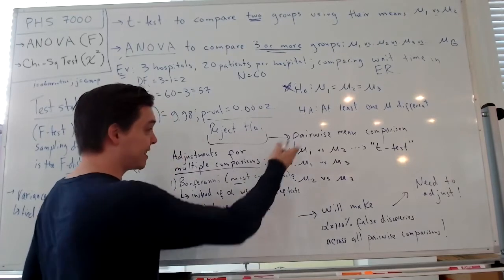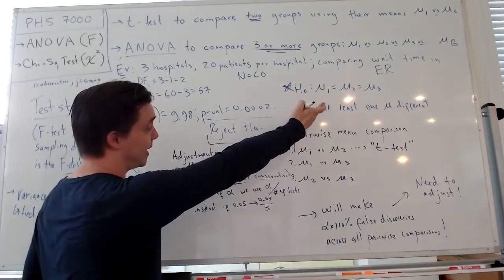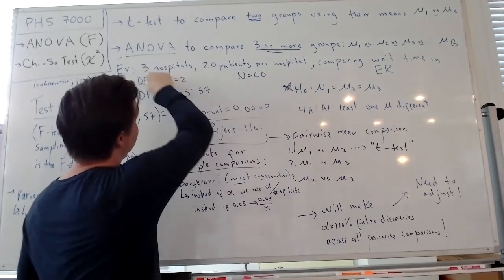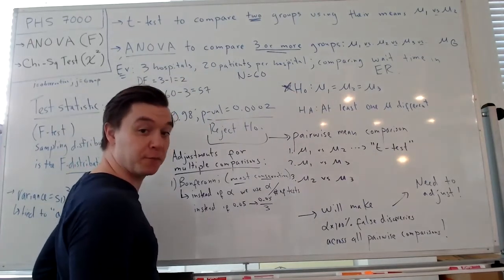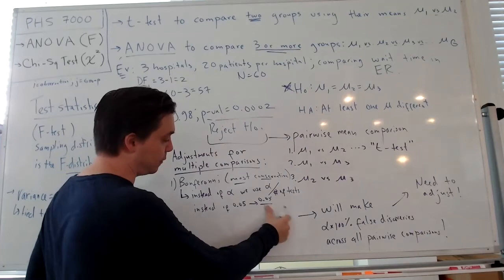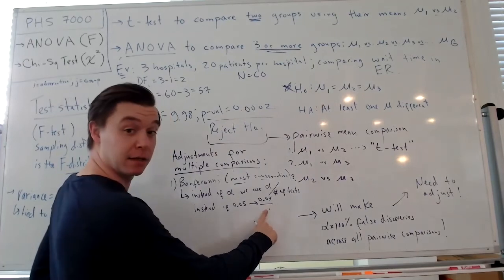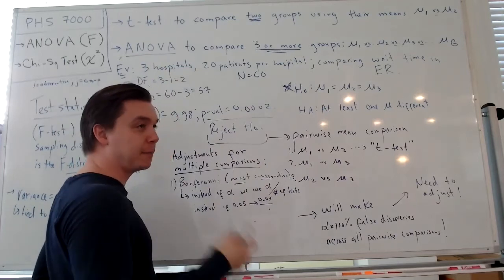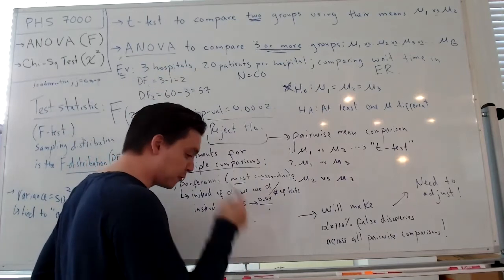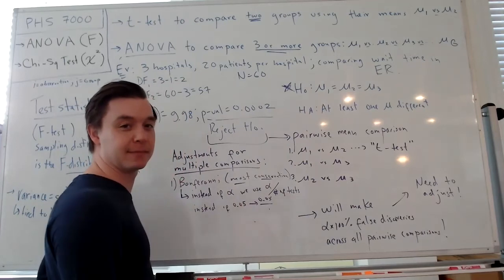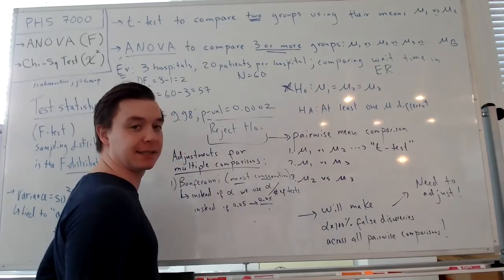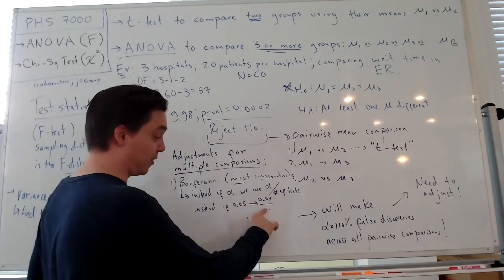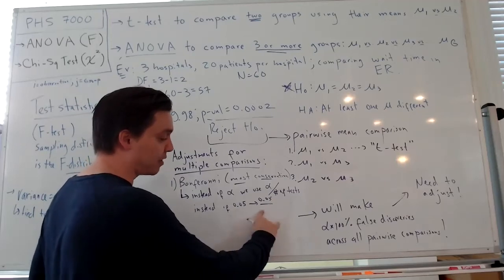But you can see how this can get out of hand. What if you had, instead of 3 hospitals, every hospital in the state? What if you had 50 hospitals? All right, 0.05 over 50. What if you were measuring across every single gene? You probably have 1 million genes. So your alpha becomes 0.05 over 1 million.